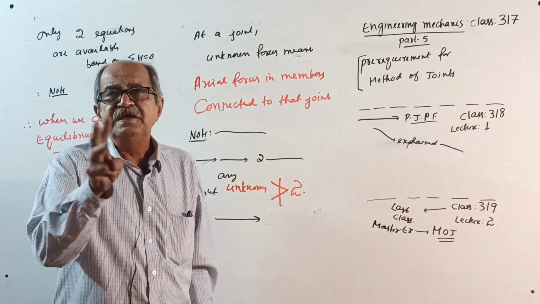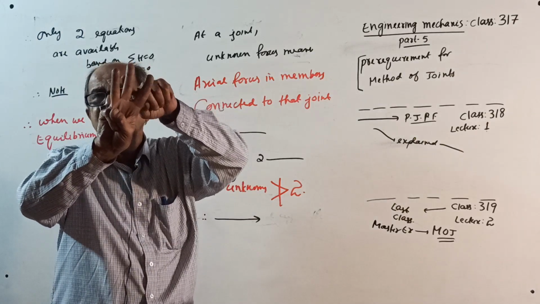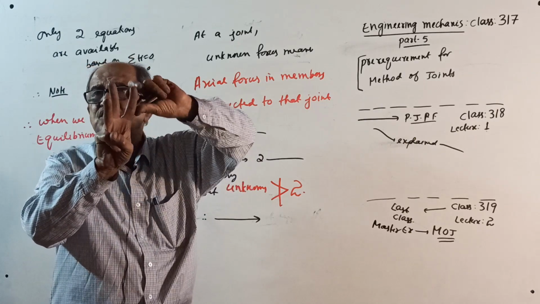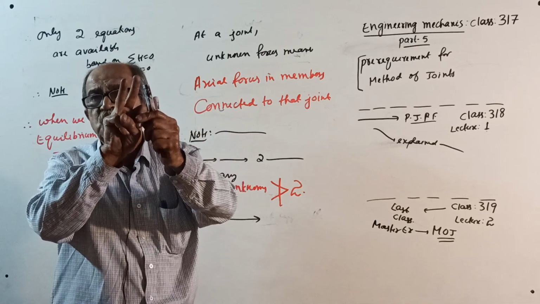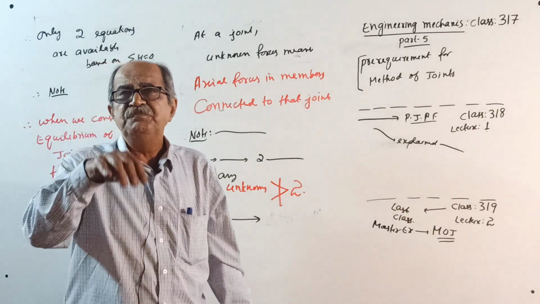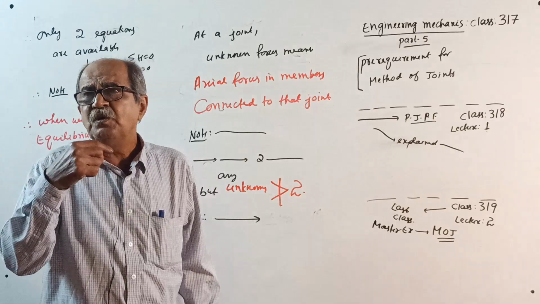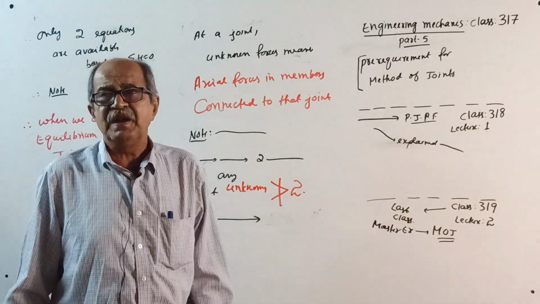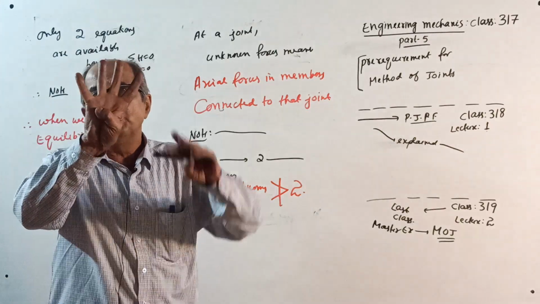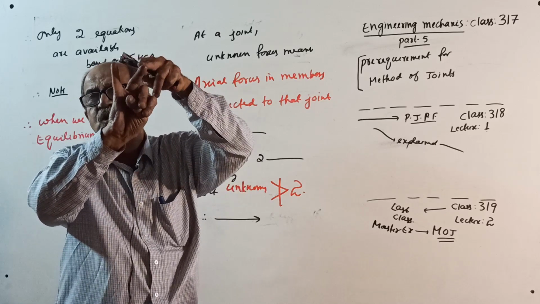If there are three members there, the force in one of the members should be known to you, so that the unknowns are still two. Or if four members are meeting at a joint, among the four member axial forces, two should be already known, so only two more unknown.